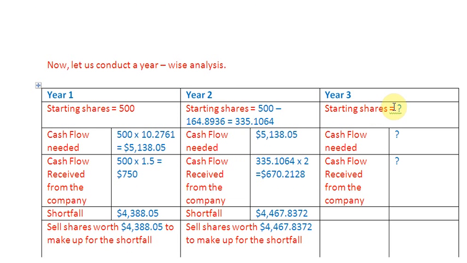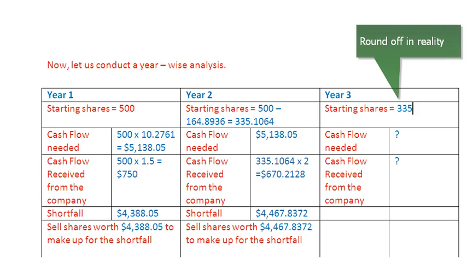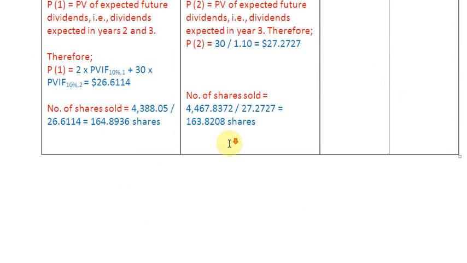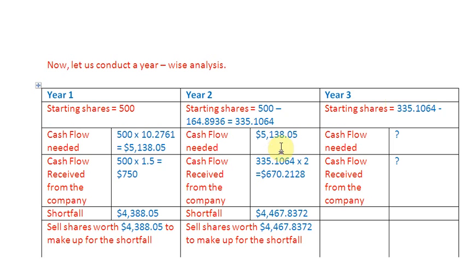So therefore coming into year number 3, you are going to be left with 335.1064 minus the number of shares you sold here, 163.8208, and that will leave you with 171.2856 number of shares.